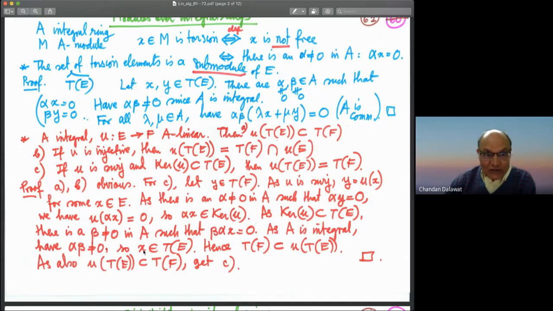Alpha beta is not 0, so this X is actually itself a torsion element. So the torsion subgroup of F is contained in the image of the torsion subgroup of E. And the other direction is already clear from this little a. So we get this little c as well.